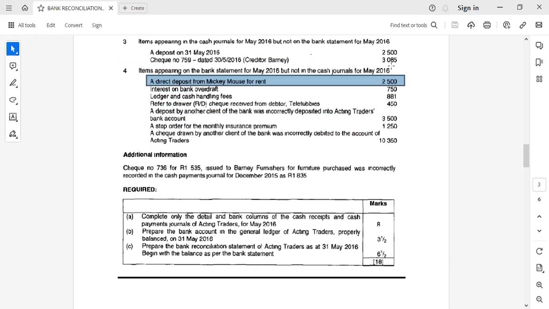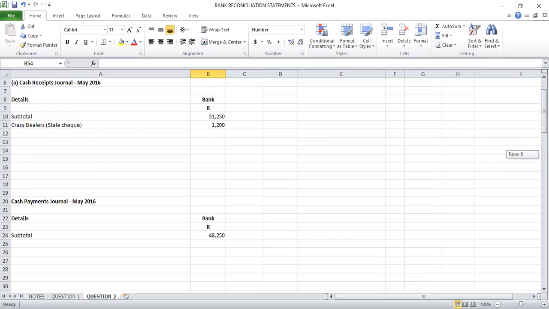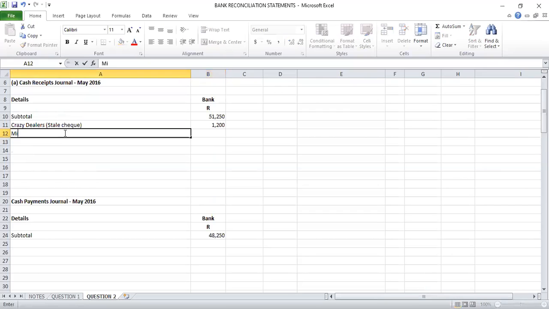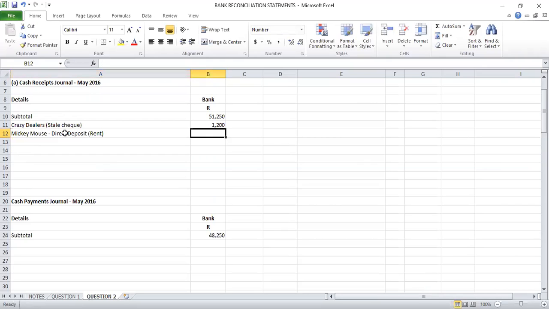So in the cash receipts we have Mickey Mouse, direct deposits, it was for rent, 2,500. So if our customer directly deposits and we see it on the bank statement, we are receiving money, it goes in the cash receipts journal.